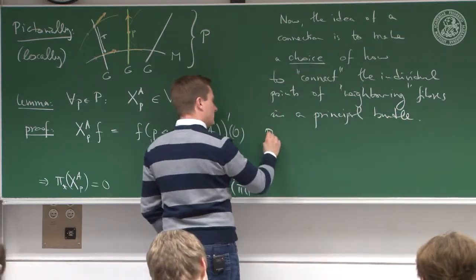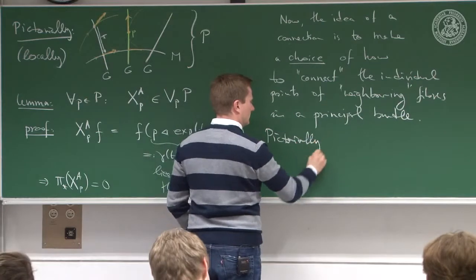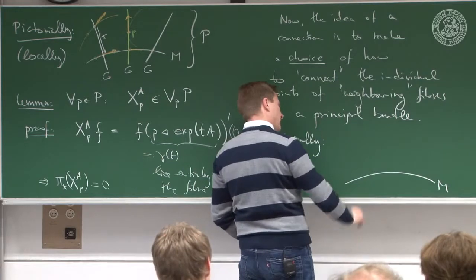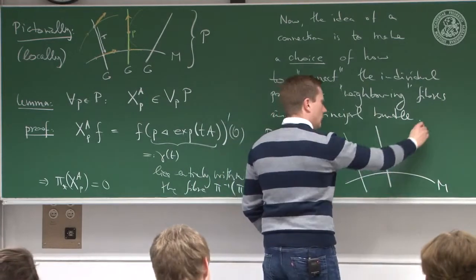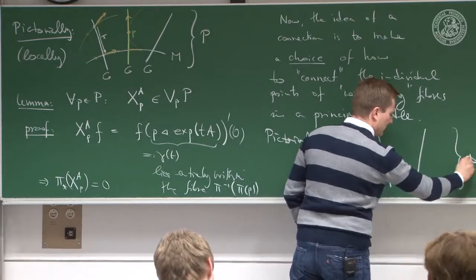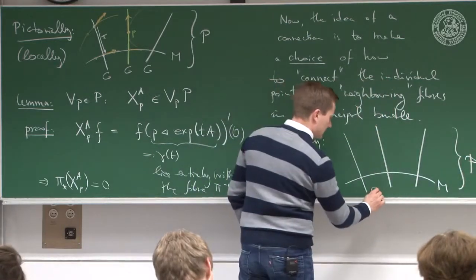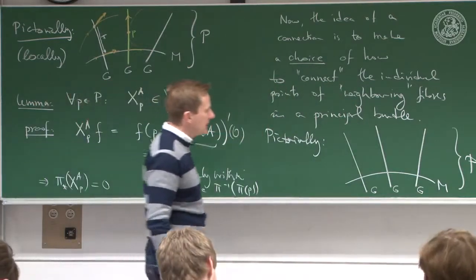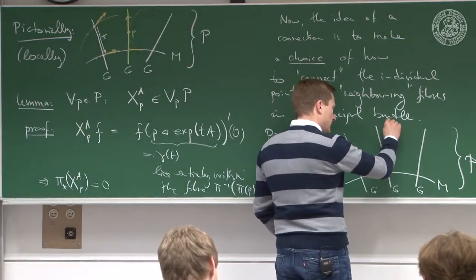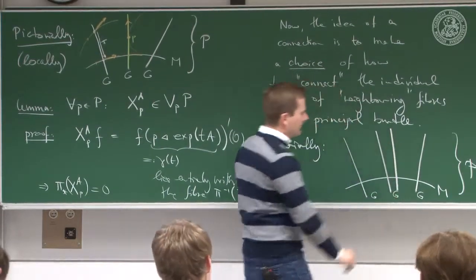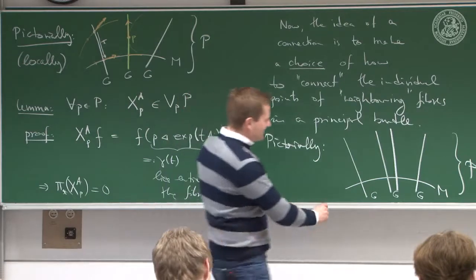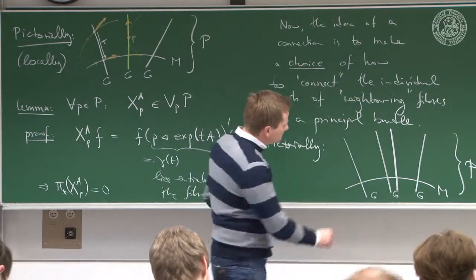So again, pictorially, what we want, and that is going to be extra structure, is the following. So we have again our local picture of the principal bundle, where at each point of the base manifold there is a fiber that's isomorphic to G attached. And now let me draw two nearby fibers, but of course you have to think of them as being very nearby, thought of in a topological way.